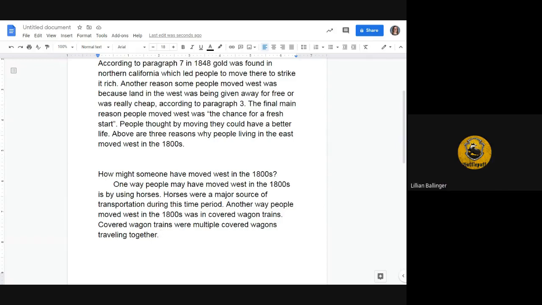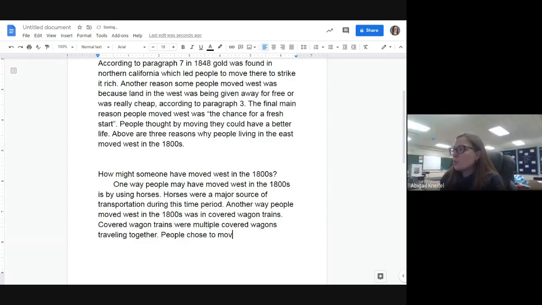For better protection. Yeah. People chose to move west in groups to better protect themselves. Perfect. So here we are kind of restating the question again, chose to move west, but in groups to better protect themselves.